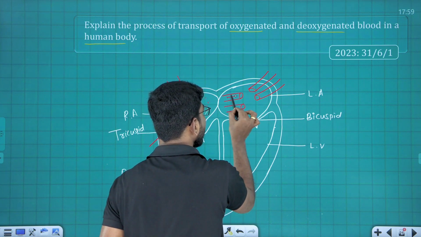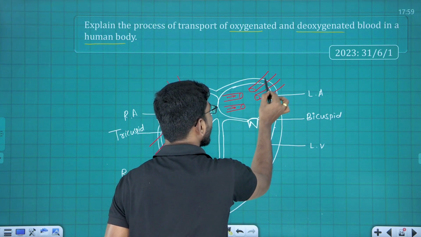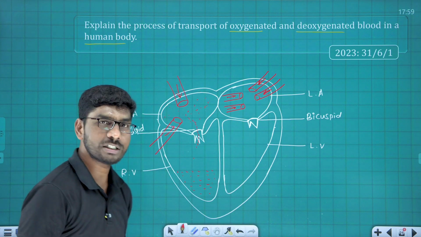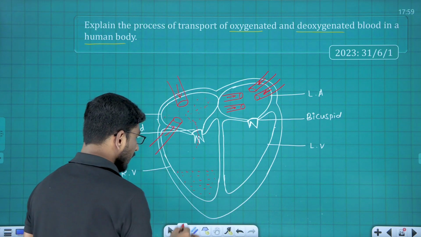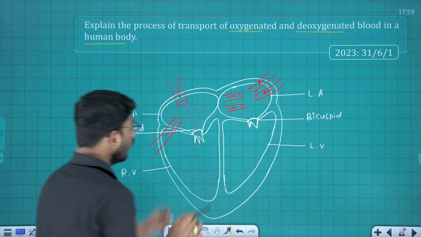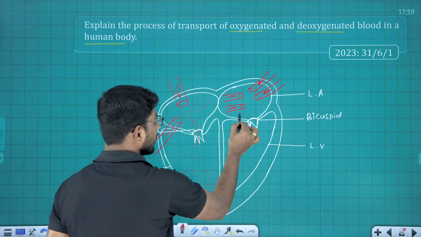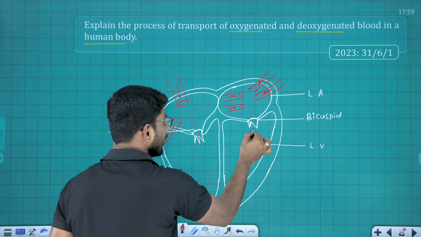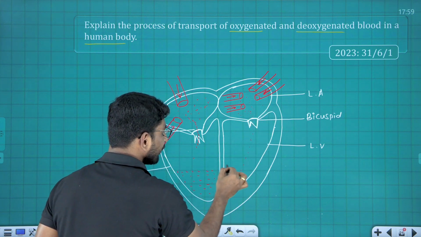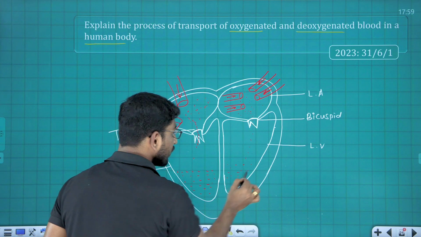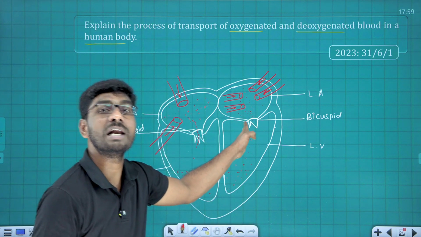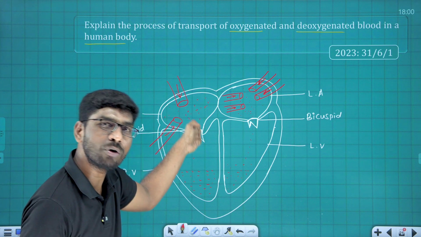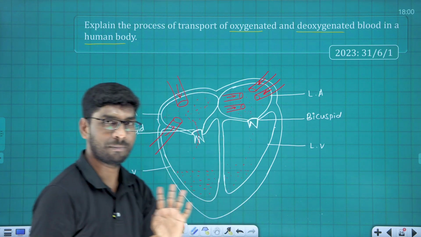From where? From the lungs. What kind of blood? Oxygenated blood. Now we need to remember, when both auricles contract, oxygenated blood from the left auricle is pumped into the left ventricle, and deoxygenated blood from the right auricle is pumped into the right ventricle.